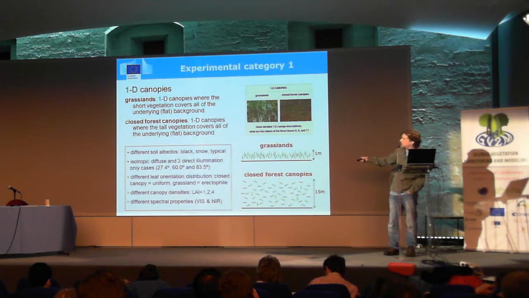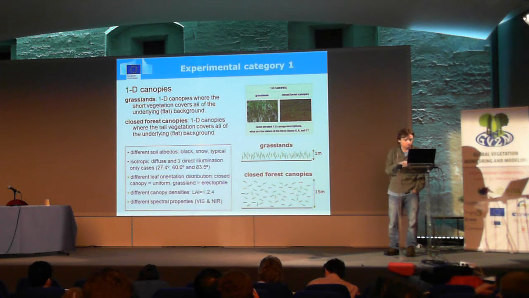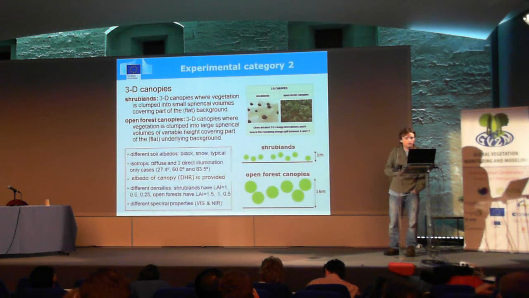So closed forest canopy has a random leaf distribution function, and the grassland has a leaf distribution function that we describe as being preferentially vertical. Also over a range of different leaf area indices, a range of different solar angles, and so on.